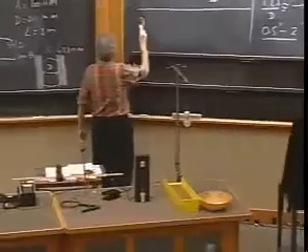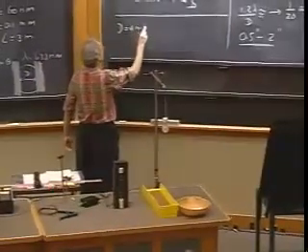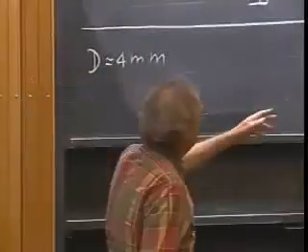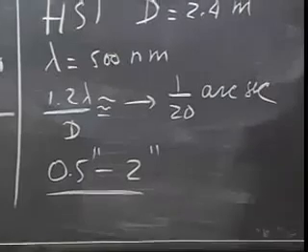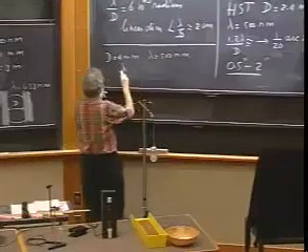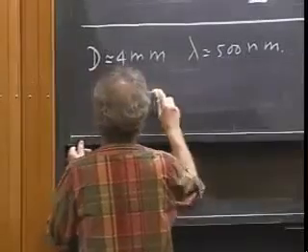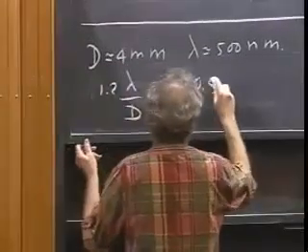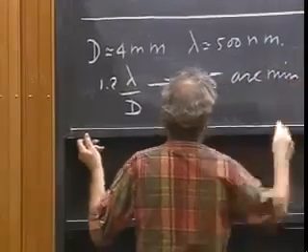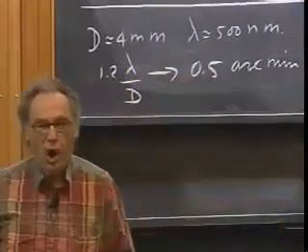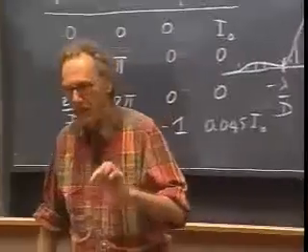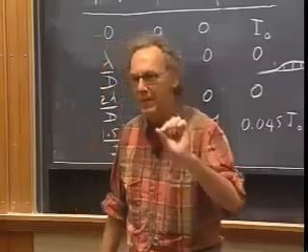If we take about 4 millimeters, a reasonable number, and we take again 500 nanometers as our representative wavelength, then we can calculate what 1.2 times lambda over d is, and that translates to about half an arc minute. That is 30 arc seconds. That is 600 times worse than the Hubble Space Telescope. You cannot do better than this.